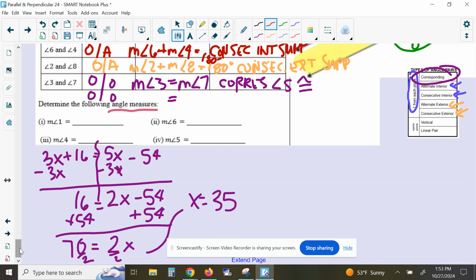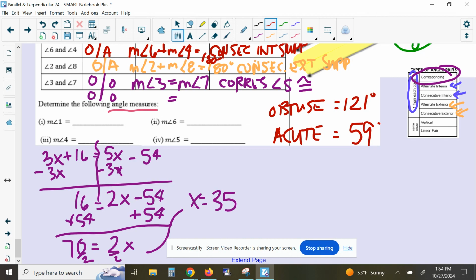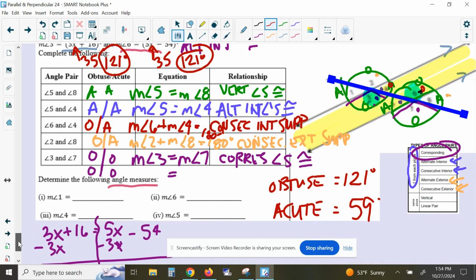So that means all of the obtuse angles equal 121. Now, obviously, all of the acute ones are supplementary to those, so we need whatever number is going to add to 121 to get 180. And that is 59 degrees. Okay, so if I look back at my picture, the measure of angle 1 is an acute angle, so it is 59 degrees.